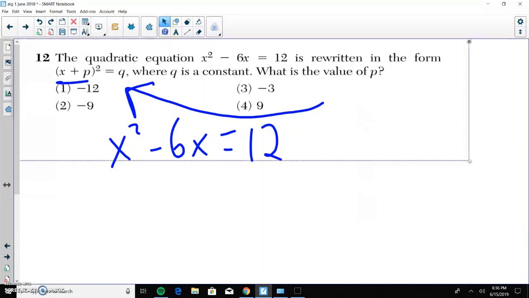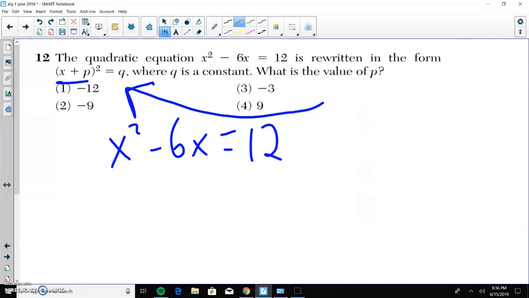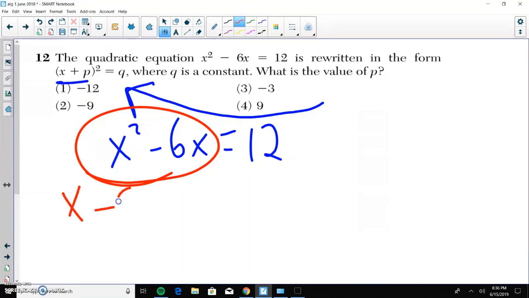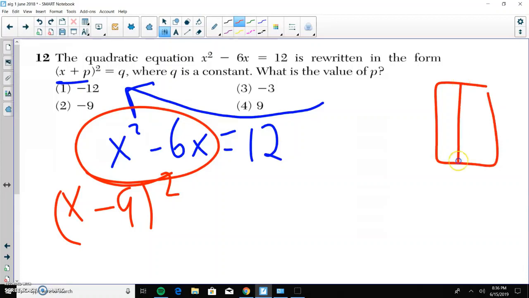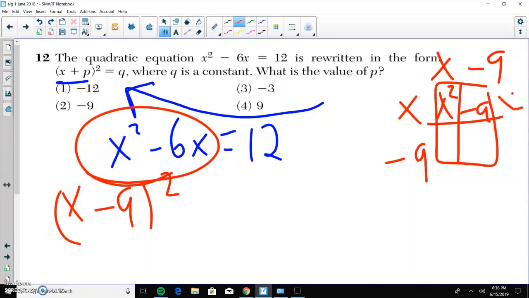For this problem, you're going to plug in the choices to try to find what gives you x squared minus 6x. So x minus 9 squared. You could do the box method. x minus 9 times x is x squared. x times minus 9 is minus 9x.